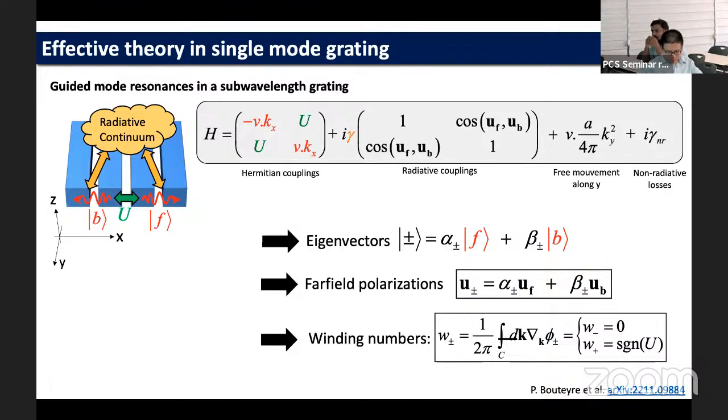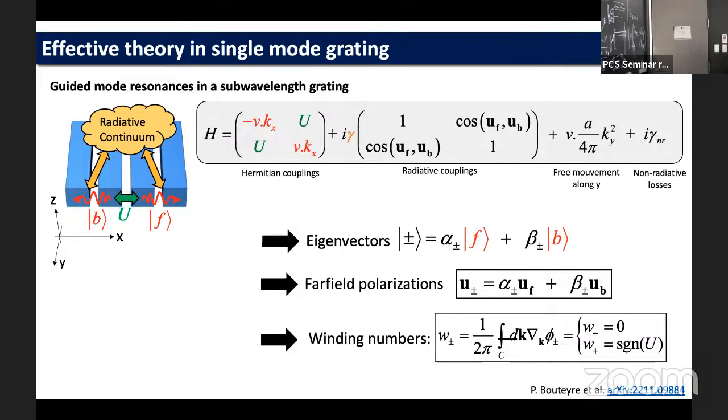Yes, having gain and losses is not an issue, but putting them at sub-wavelength scale and distance precisely is difficult. If people do it in tight binding, sometimes you have gain, sometimes you have loss, far apart by more than a wavelength. But in our scheme, if I want to have gain, loss, gain, loss, it's complicated.